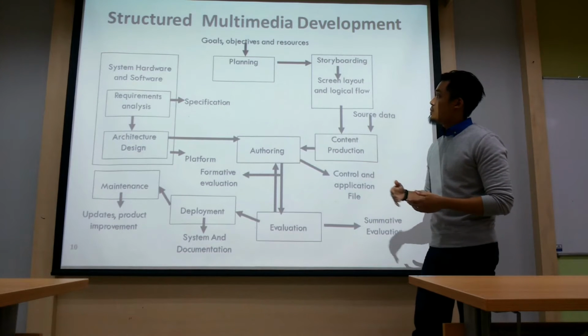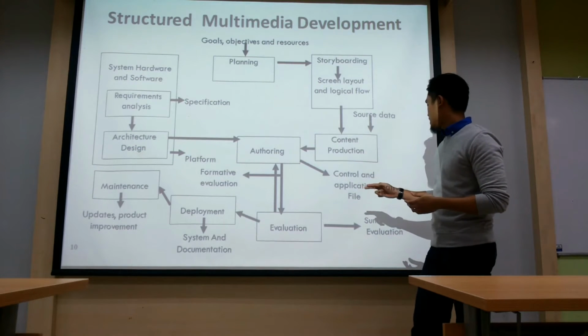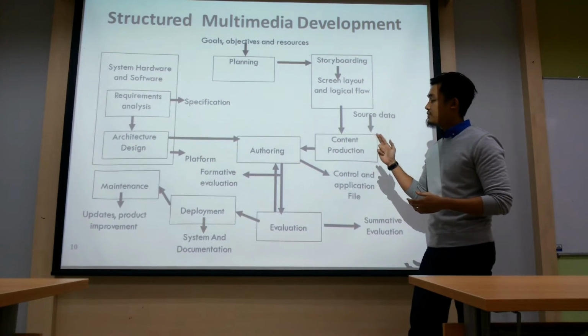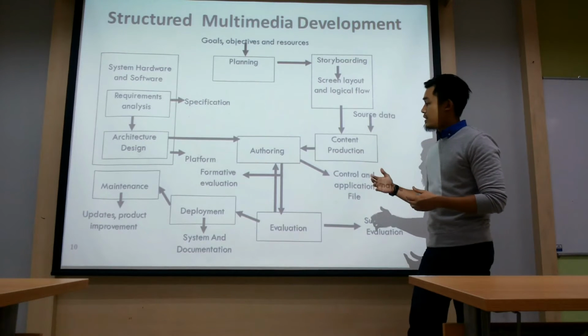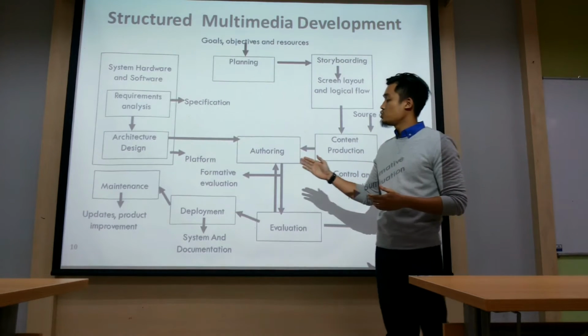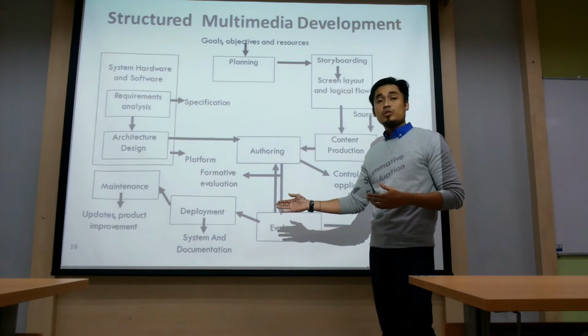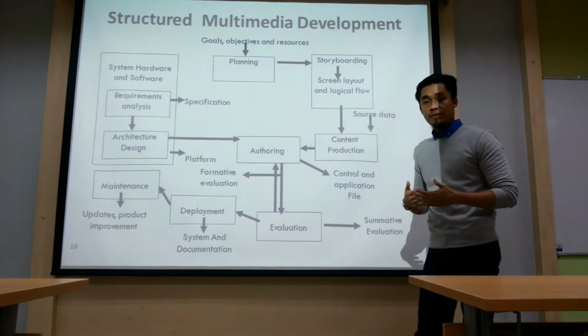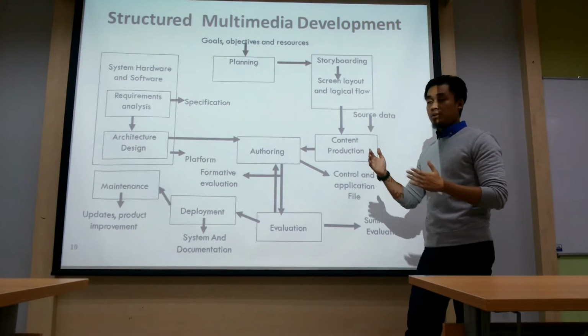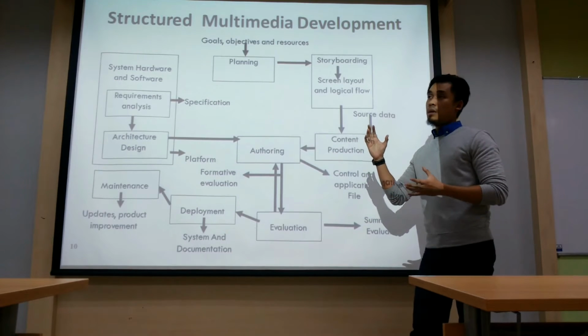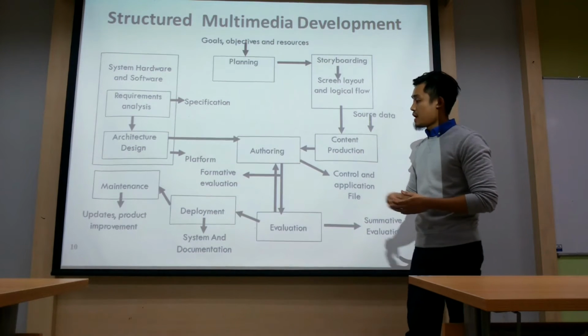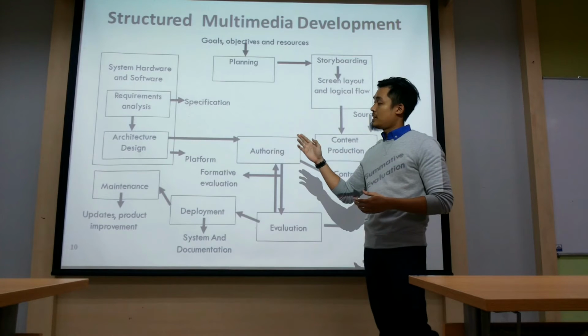After finishing the authoring, it will go to the evaluation, and the evaluation will go to the deployment system and the documentation. After the system is finished, it will come up with documentation about the whole project. After deployment, it will go to the maintenance.